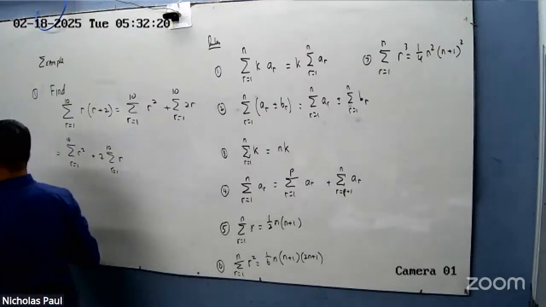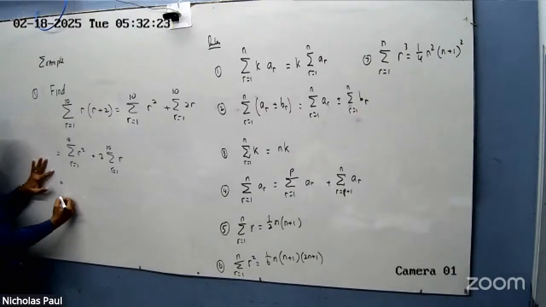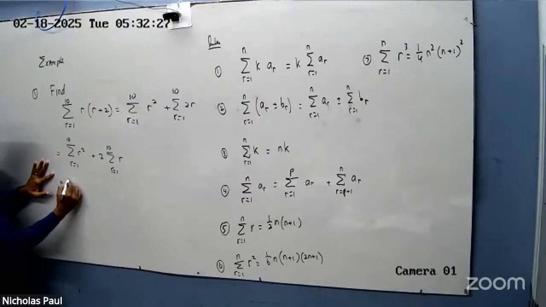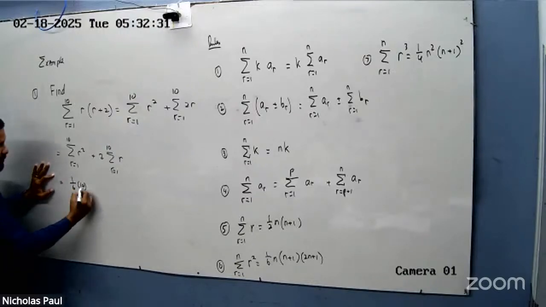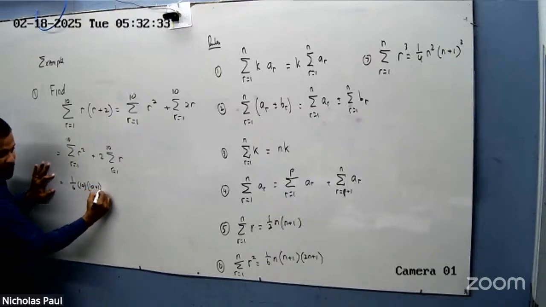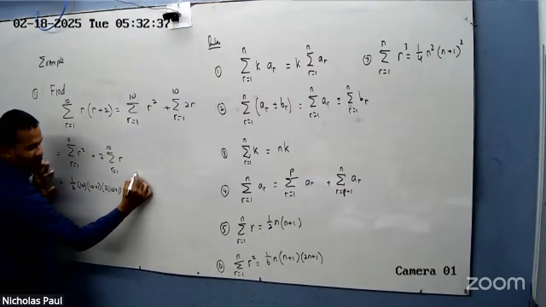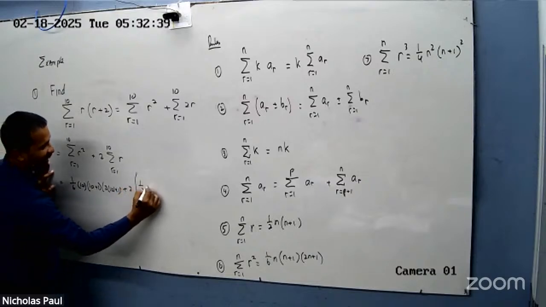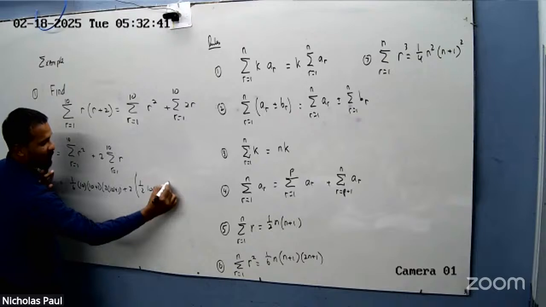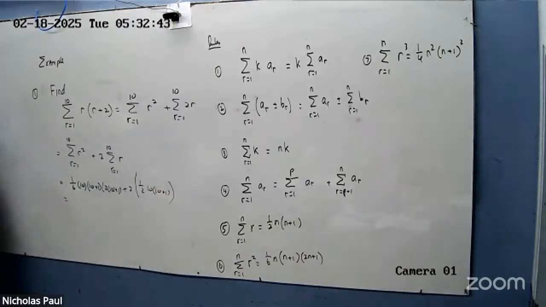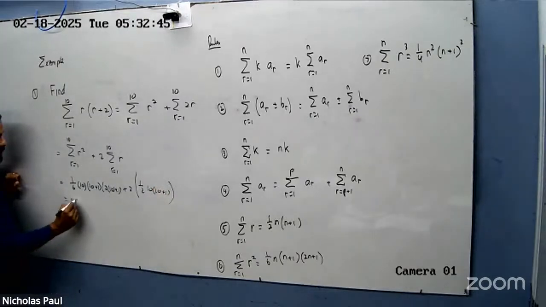Right, what have we got here? R squared is which one? N is 10, actually. 2 by 10 plus 1 plus 2 by a half by 10 by 10 plus 1. How much is that? 495.